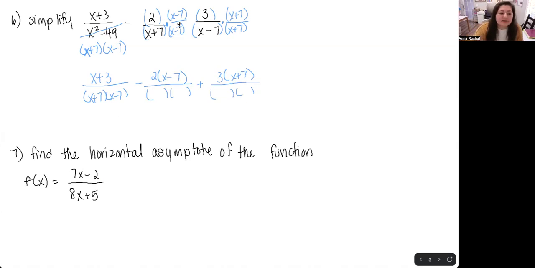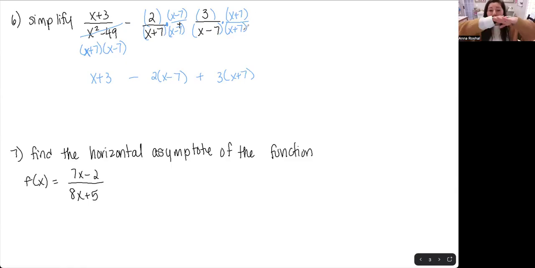I'm going to essentially cross off this bottom piece for a hot second because I don't need it. In fact, I'm going to lift up these addition and subtraction signs so that I have just the numerator. Because I know once all three denominators are the same, essentially the whole entire fraction is above that whole piece.